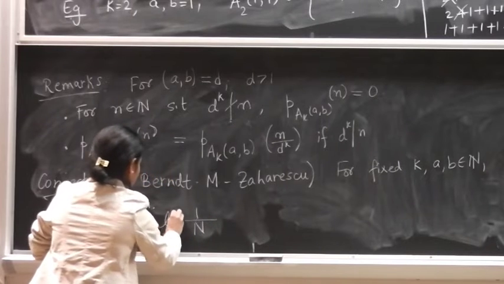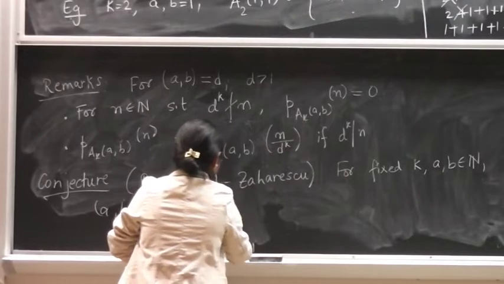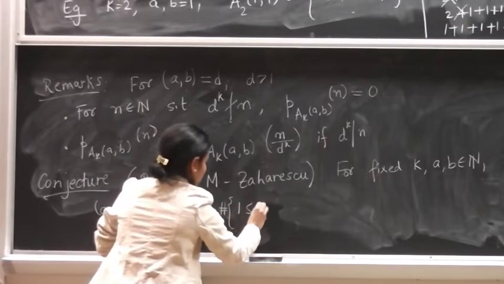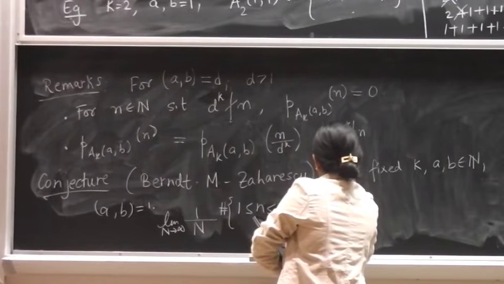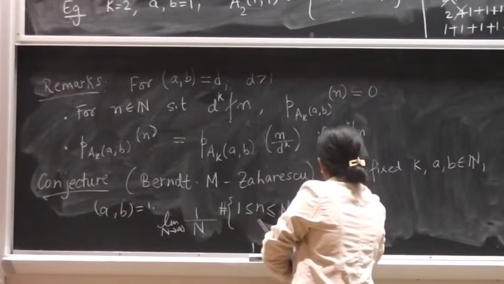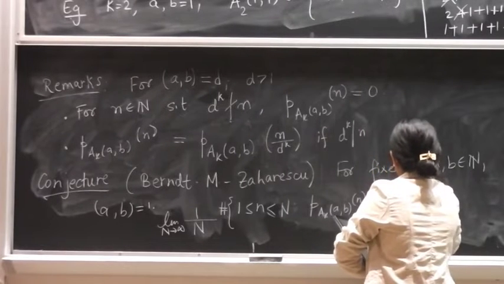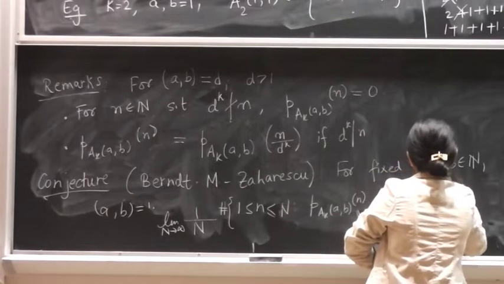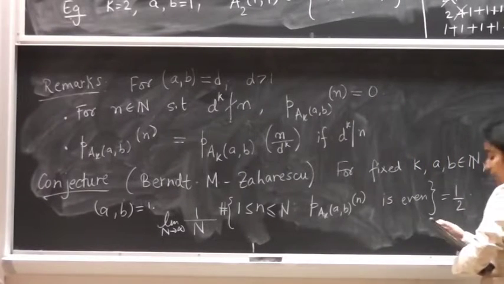If you take the limit as n goes to infinity of the number of n less than N such that p_{A_k = B}(n) is even, it is again about half the time, with exactly one exception.